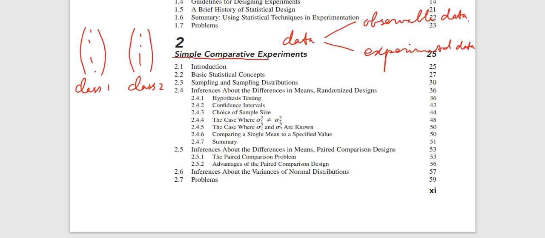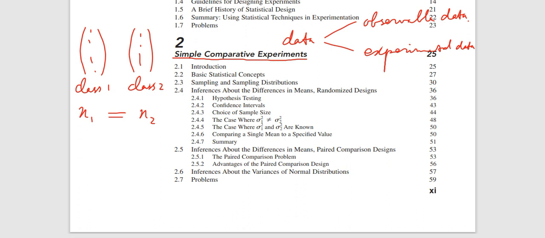So how do we make this comparison more efficient? One thing we want is for the sample sizes to be equal. If we compare two classes, we cannot guarantee class 1 and class 2 have the same number of students, right? This is observed, so we cannot control it.